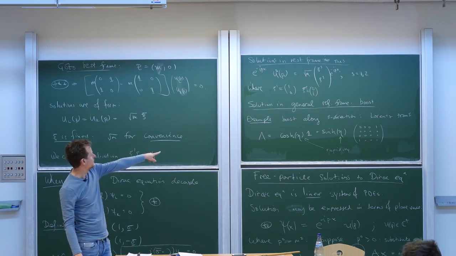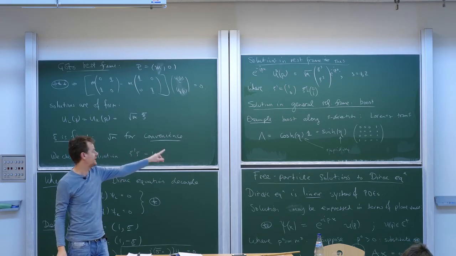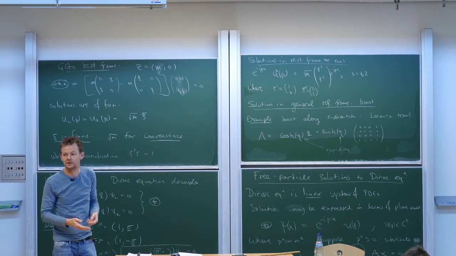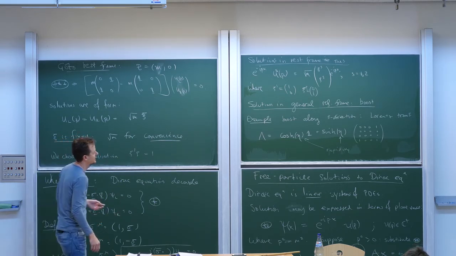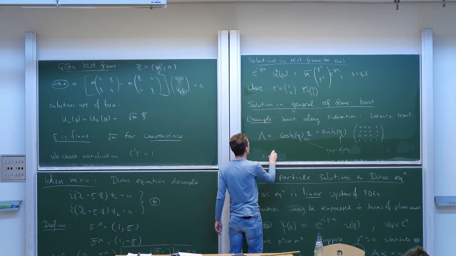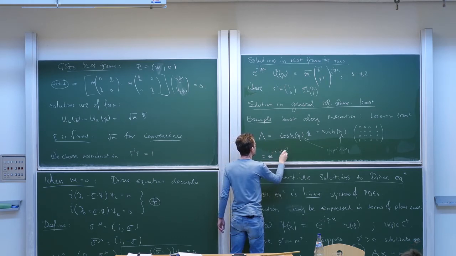And now we want to find the representation of that Lorentz transformation, this boost, in terms of the spinor representation lambda half. So we need to work out how to express this boost as an exponential of minus i omega dot J over 2.